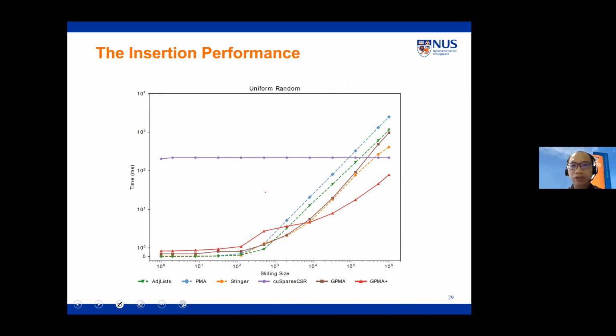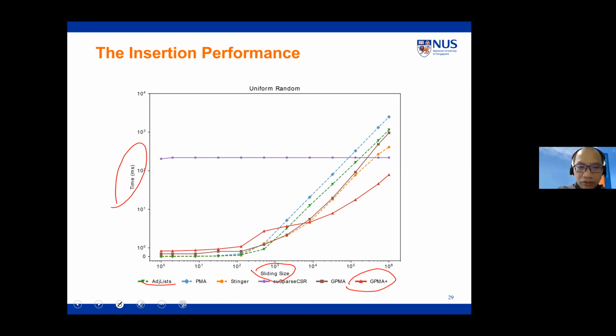As you can see, we compare with the linked list, the adjacency list, the green one. After optimization, this one is ours. The y-axis is the time, and the x-axis is the insertion size, the number of edges we need to insert into the CSR.